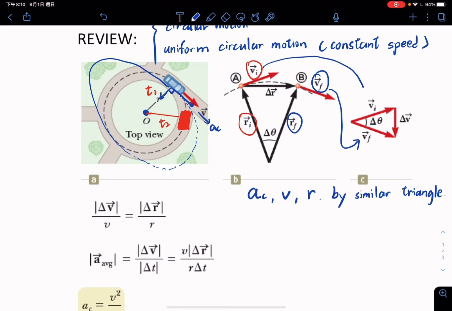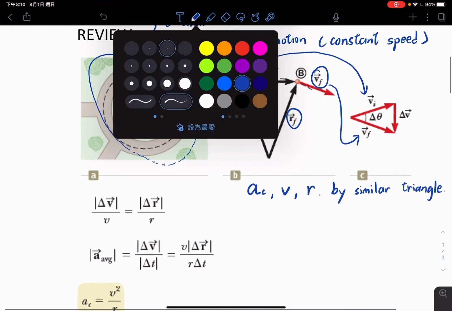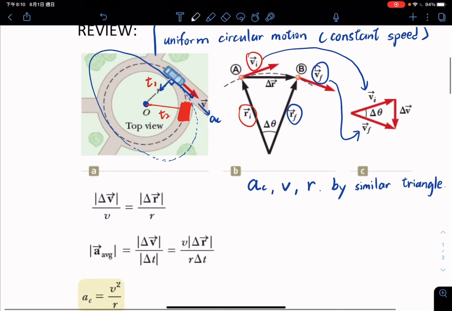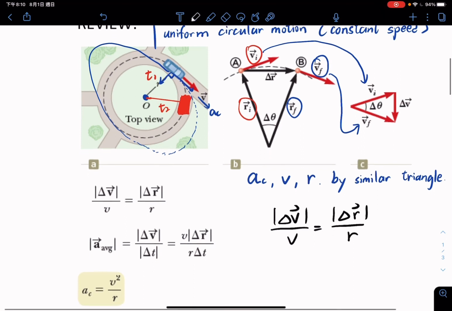The triangle in figure C comes from here. As a result, we can see they are similar triangles. So the ratio of delta v over v is equal to delta r over r, because they are similar triangles.